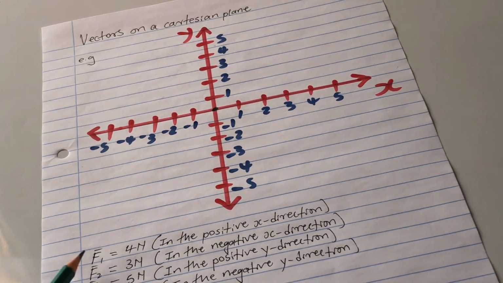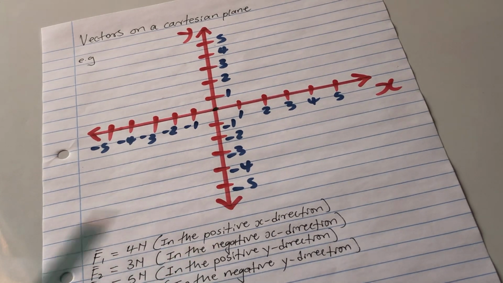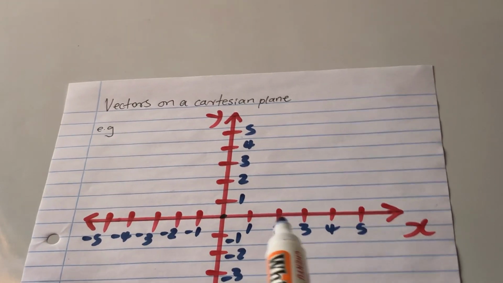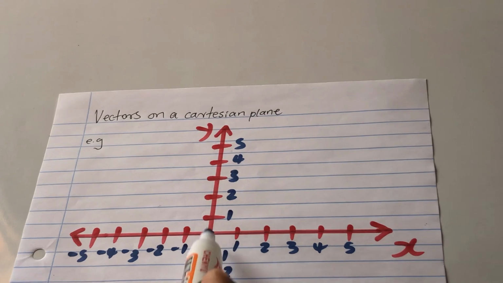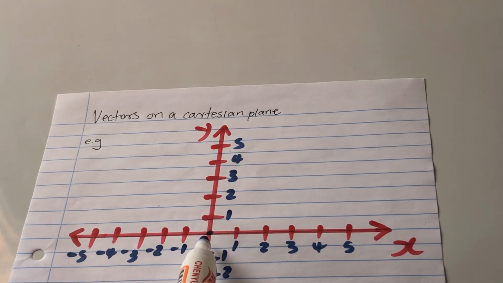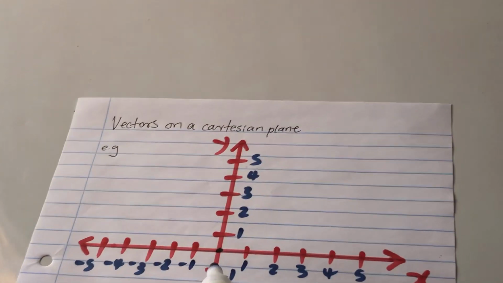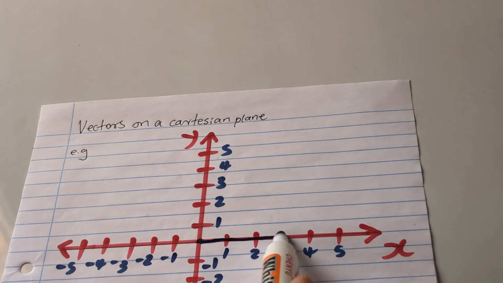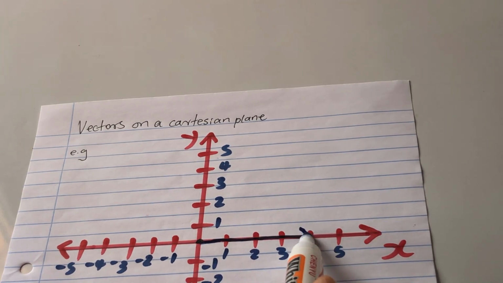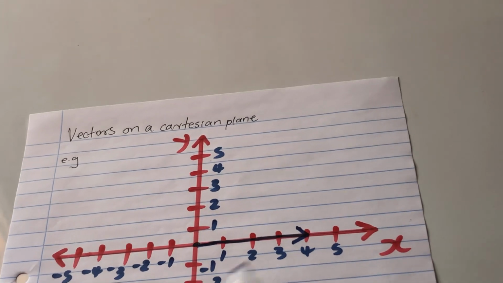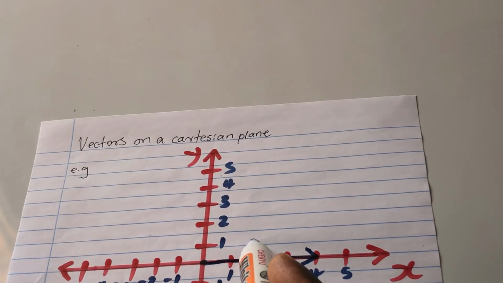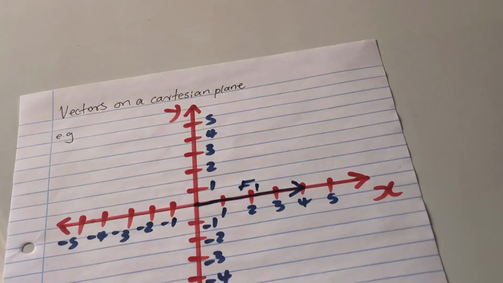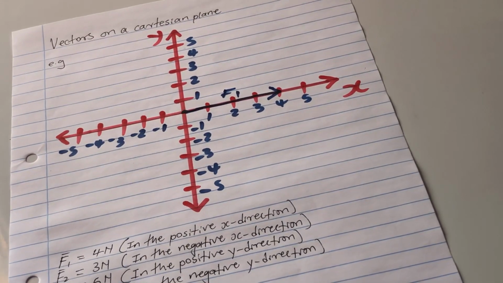F1 equals 4 Newton in the positive x direction. Here it is. From the origin, moving to the positive x direction. It will look like this. This is F1. I can put the name here. That's my F1 in the positive x direction.